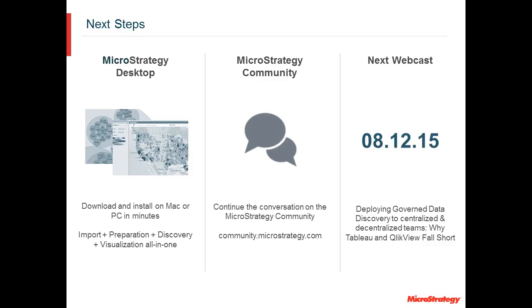It's a very easy way that you can take a look and take advantage of a lot of features and capabilities that are available in MicroStrategy. You can download and install it on Mac or PC. It's just a 4 or 5 minute installation, and then you can open the file and start preparing and creating visualizations with your data.